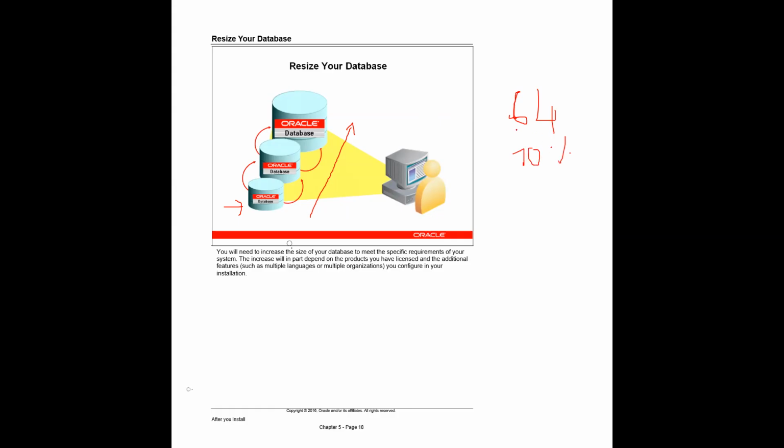The remaining you can leave for the operating system. So if at all you are still facing some challenges, you can always run the AWR report and see where the bottleneck is, and accordingly you can increase it.